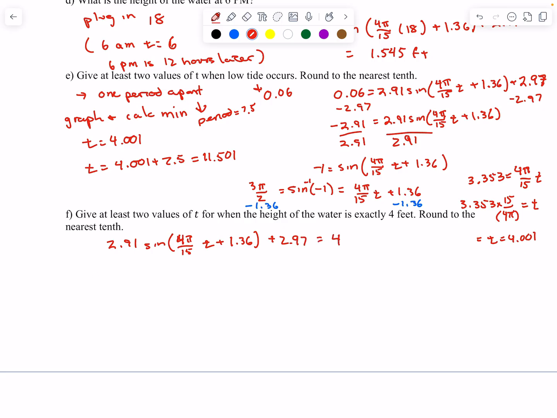If you don't want to avoid the other rigmarole, you can graph y1 as the first half of the curve, the left side of the equal sign. And graph y2 equals 4, and then do second trace intersect.